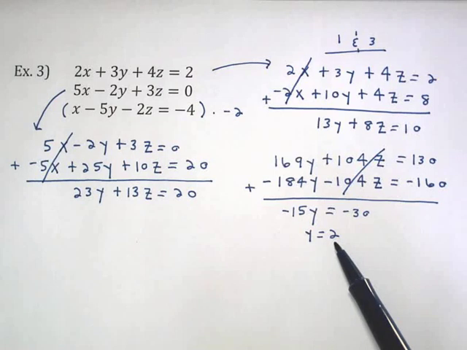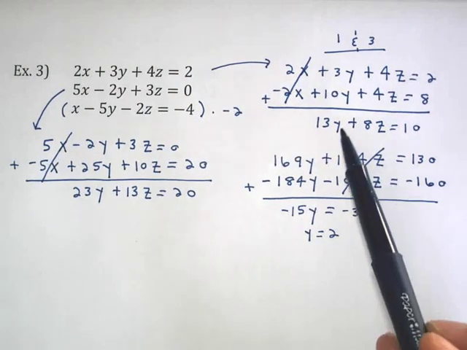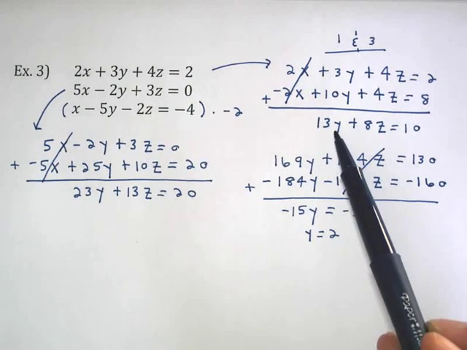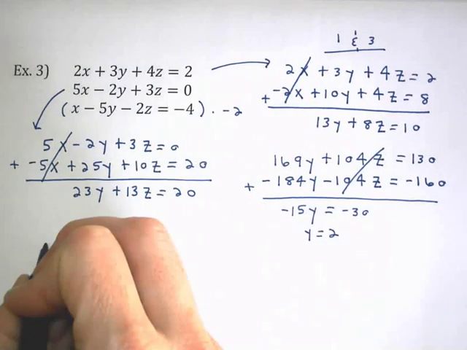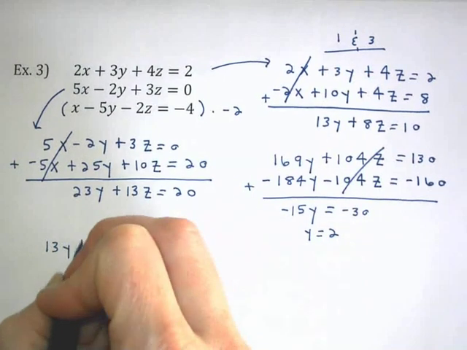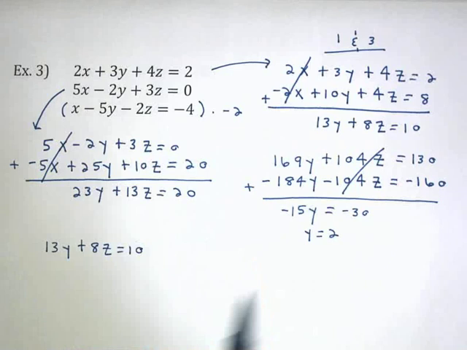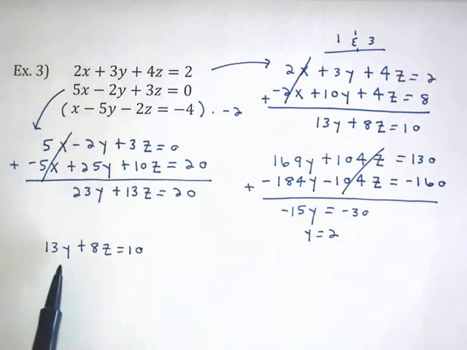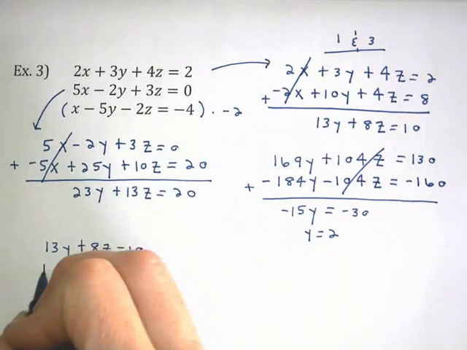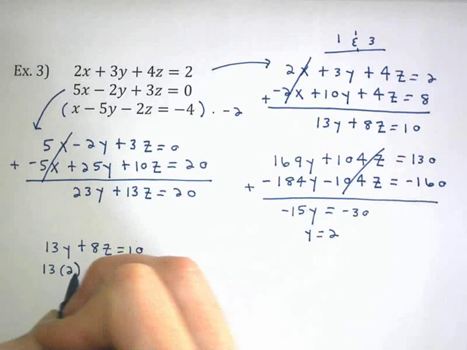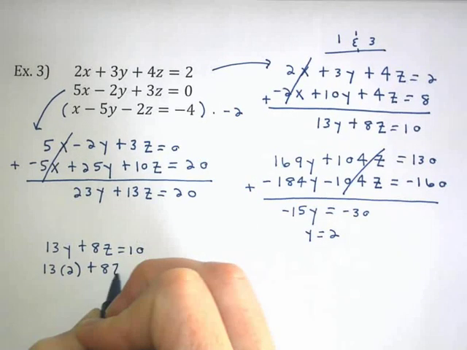So if we know y equals 2, then let's use that to our advantage to figure out what z is. So I'm going to use y equals 2, and I'm going to put it in right here and use that to solve for z. So I'm going to write down the equation that I'm using just to stay organized. And now again, I'm putting in y equals 2.